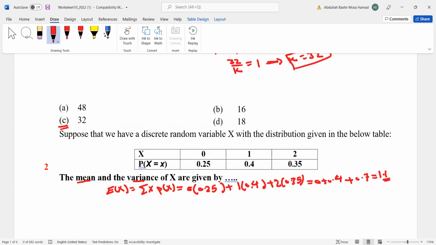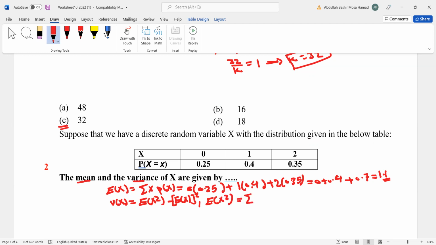For the variance of x, it equals the expected value of x squared minus the expected value of x, all squared. We already got the expected value of x, so this is already done. We need to find the expected value of x squared. For that, instead of x we put x squared.